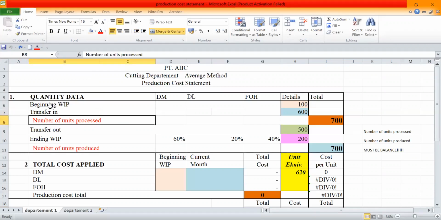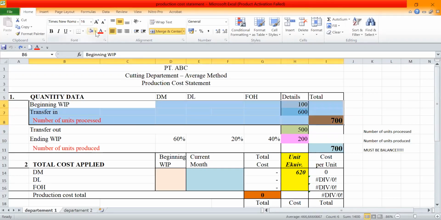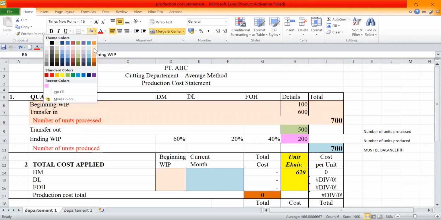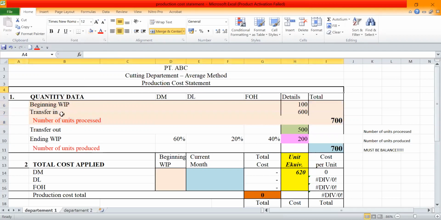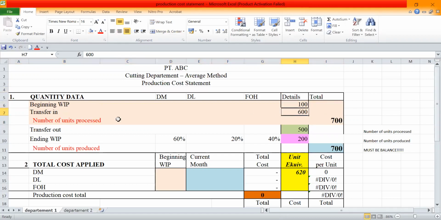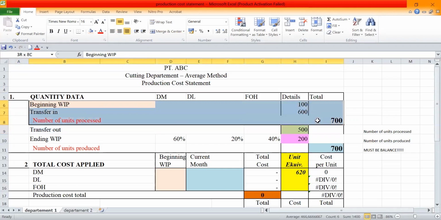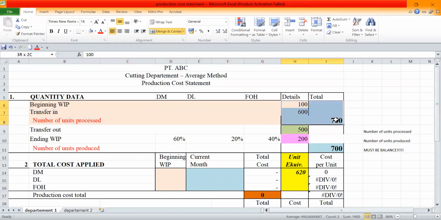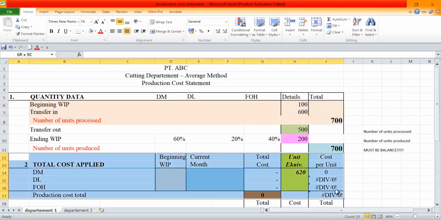Go back again to the first part of the production cost statement, which talks about the quantity data. I will give this part the orange color, okay, which talks about how many units of the beginning work in process, transfer in, and then the total of it, which is called the number of units processed. The rupiah or dollar amount of these units is located on the second part of the production cost statement.